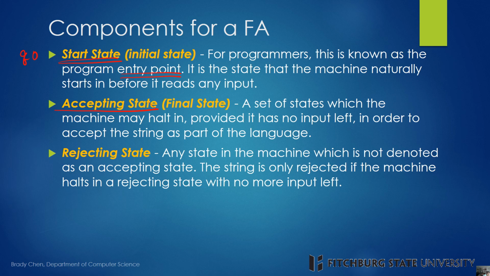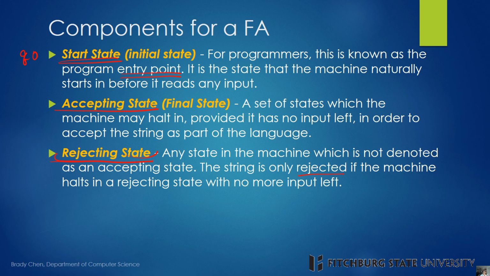Now, another state is called a rejecting state. So it's any state in the machine which is not denoted as an accepting state. So that means the string is only rejected if the machine halts in a rejecting state with no more input left.